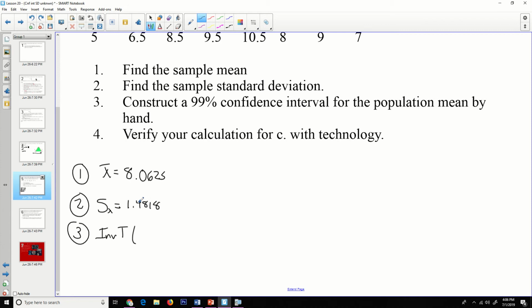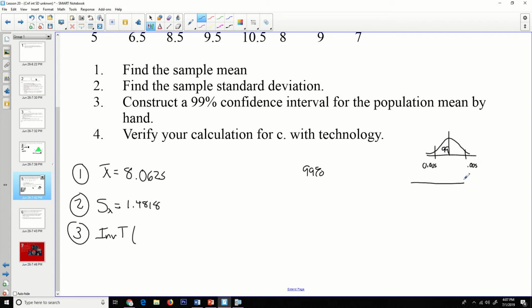So invT. And this one, let's see here, it's 95% or 99%. So to get that, it's 99%. But again, if I make a real quick little diagram here, and this here is 99%, that means there's 0.005 in each side, because that's one would be 1%.